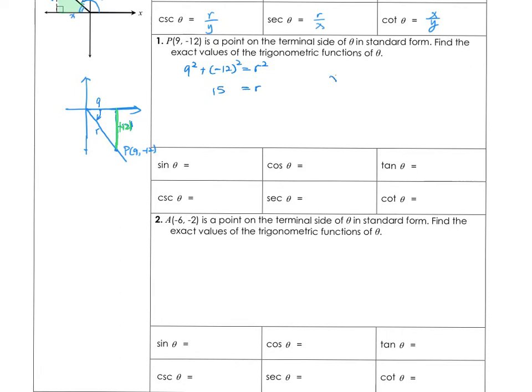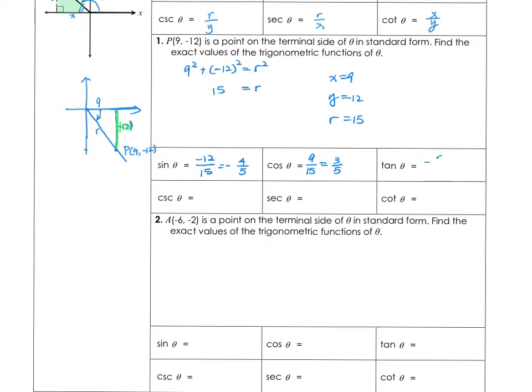So now I have x equals 9, y equals negative 12, r equals 15. Then sine is opposite over hypotenuse. That gives you negative 4 over 5. Cosine is adjacent over the radius, which is hypotenuse. So I have 3 over 5.